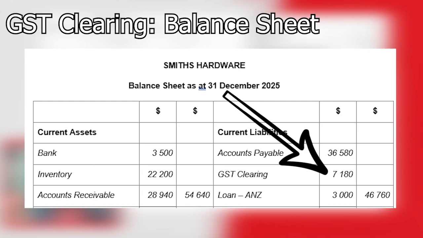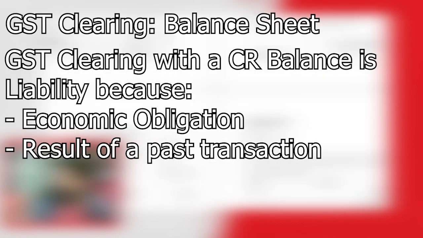So you just have to remember your definitions there. In this case, GST clearing 7180 on the current liability side means it's that obligation. It is technically a credit balance. So when you pay it off, in this scenario, it will be a debit to essentially make it zero. Again, we will discuss that in a future video.